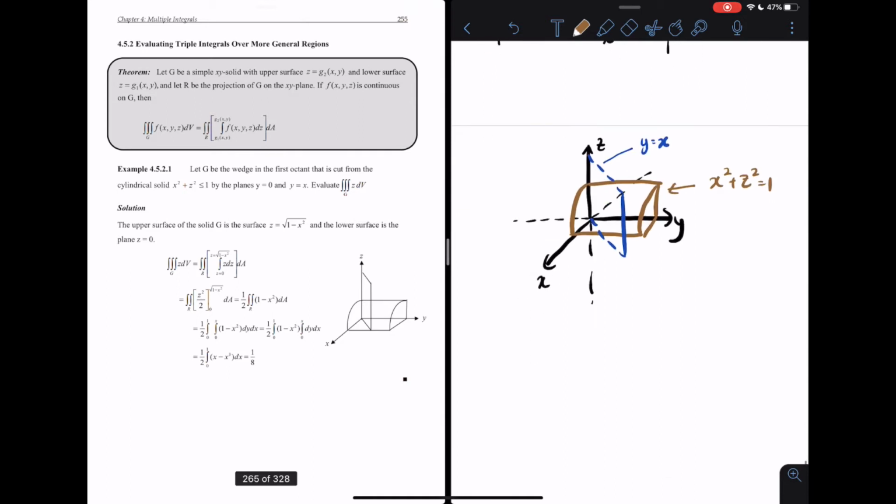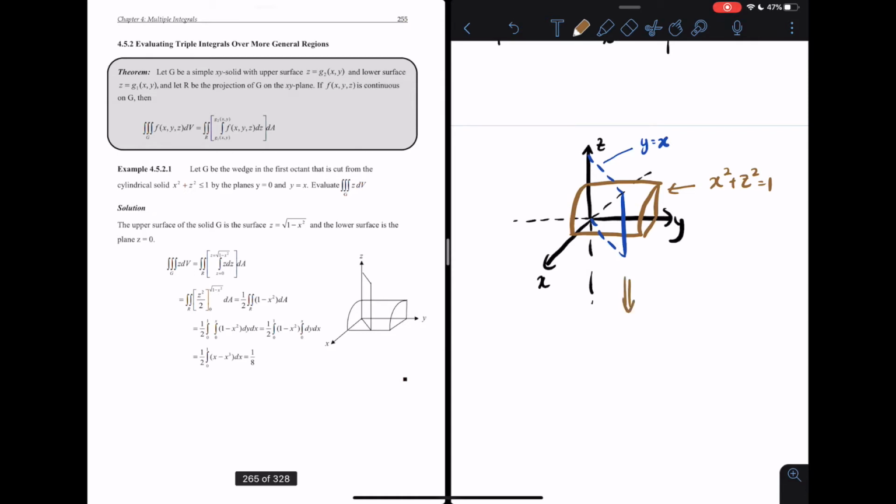So you have to make sure this solid G comprises all the elements: x squared plus z squared equals 1, the xz plane or y equals 0, and the plane y equals x.